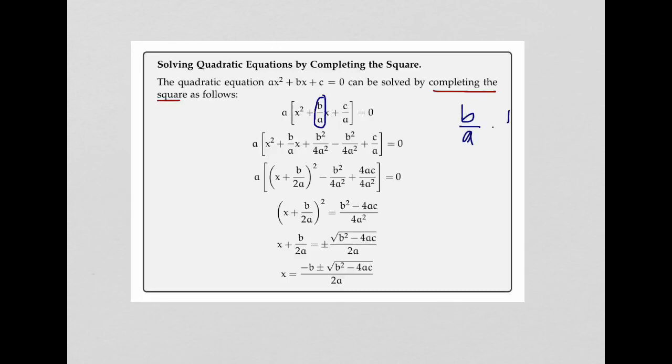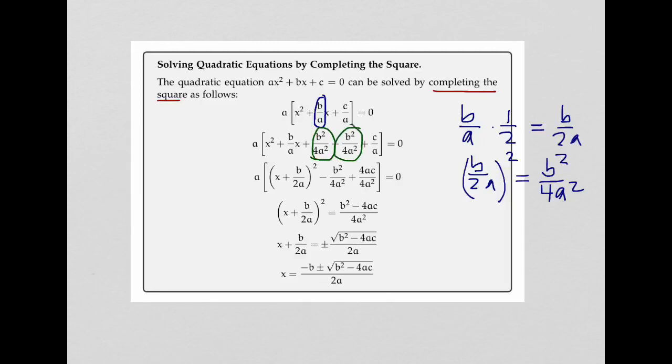You multiply it by 1/2 to get b over 2a, and then you square the result. b over 2a squared, that's b squared over 4a squared. After you do that, we add, then subtract b squared over 4a squared from the left-hand side.